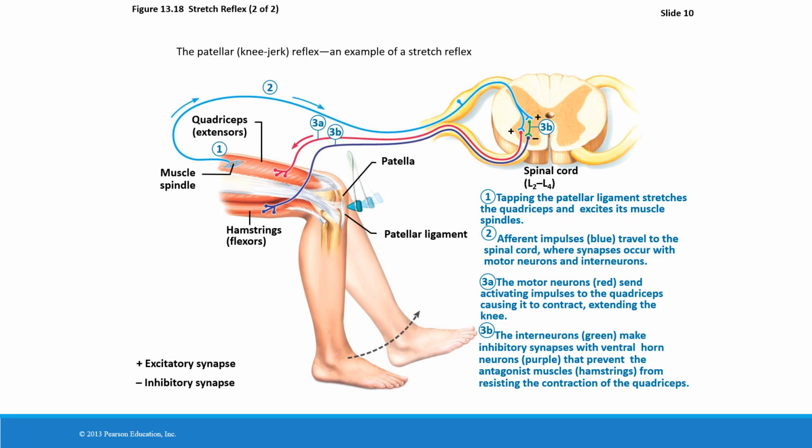So our agonist and antagonist have to work together, and the cord is coordinating that. In order for our movement to occur, we need an agonist to get the go signal and the antagonist to get the no-go signal.